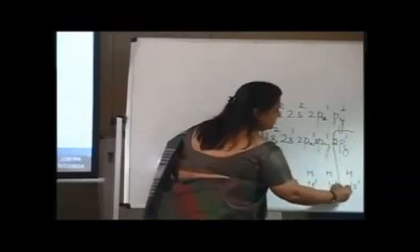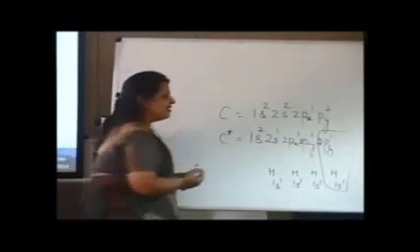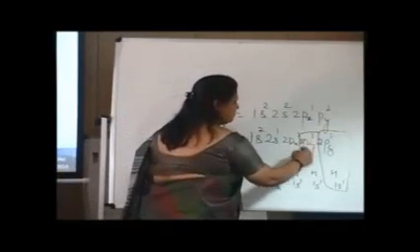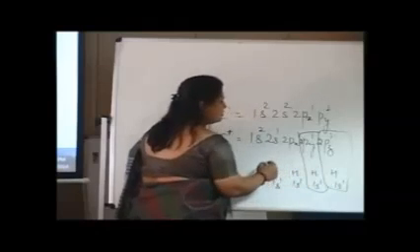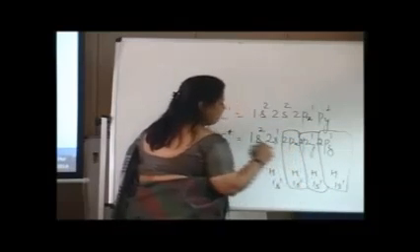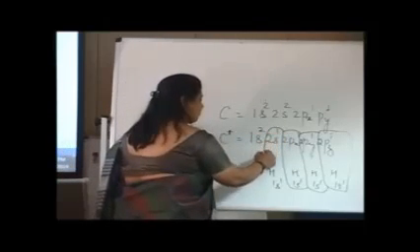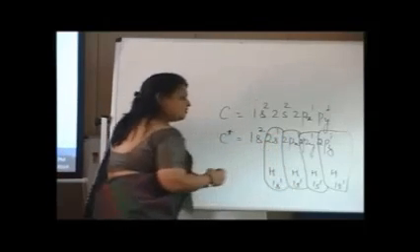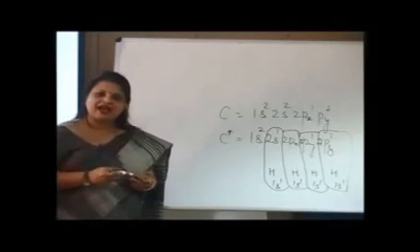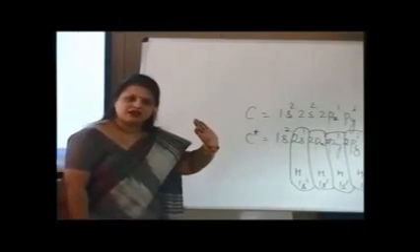So let us see how the 4 bonds are being formed. One between this overlap, 2pz of carbon and 1s of hydrogen. Another bond may be formed between 2py of carbon and 1s of hydrogen. Then we can have overlap between 2px and 1s of hydrogen. And the 4th bond may be formed between 2s of carbon and 1s of hydrogen. As such, it seems to be okay that 4 bonds are being formed.